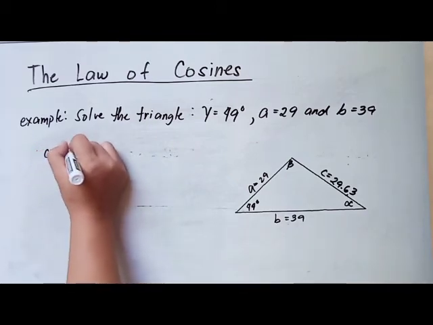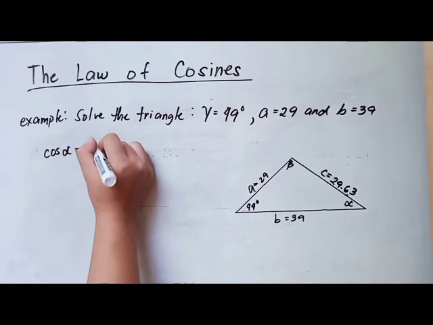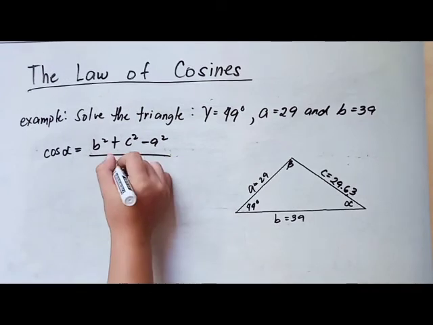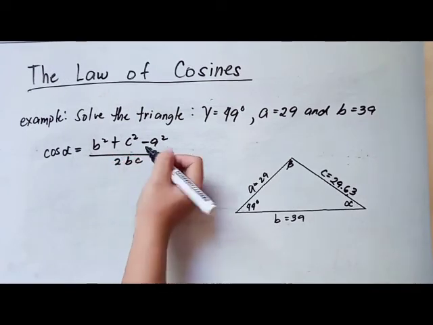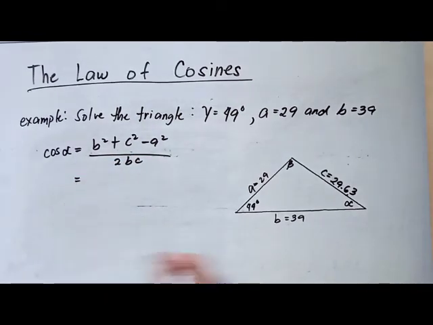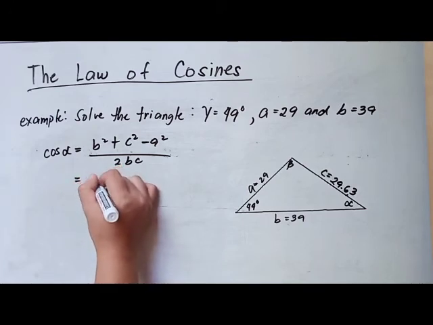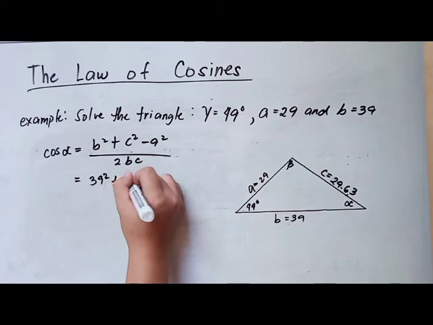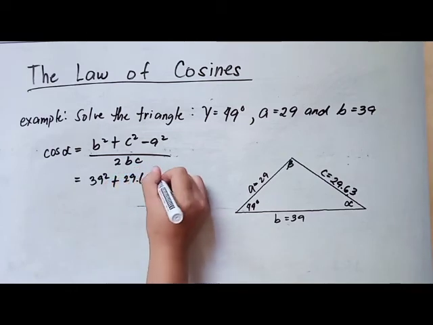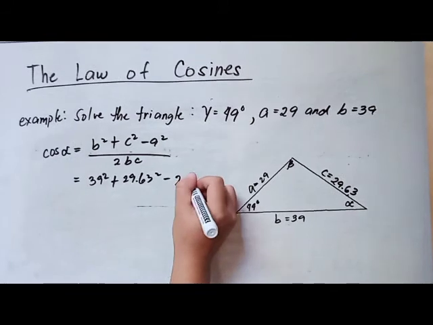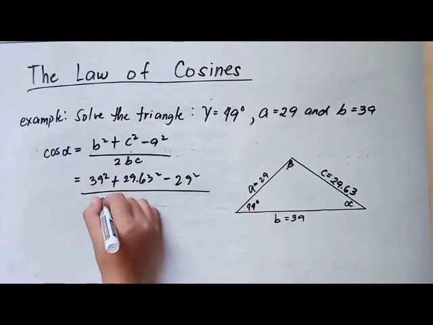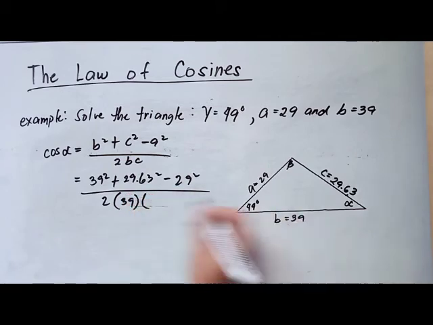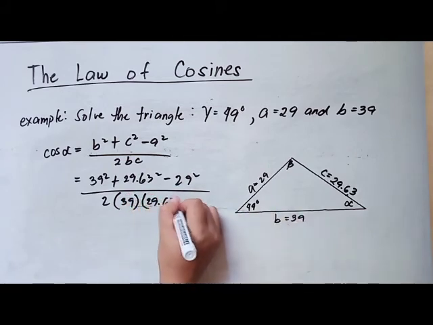So, cosine alpha is equal to B squared plus C squared minus A squared all over 2BC. So, substituting the values, we have 39 squared plus 29.63 squared minus 29 squared all over 2 times 39 times our C, that is 29.63.